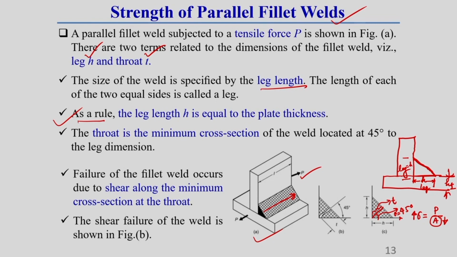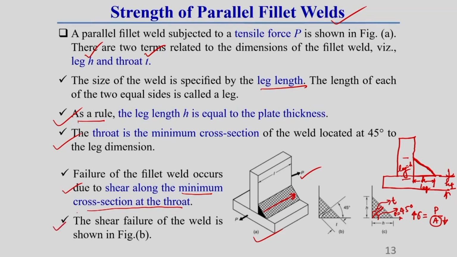That is why I have written that failure of the fillet weld generally occurs due to shear along the minimum cross section at the throat, because in the minimum cross section zone the maximum shear stress will be developed. How this maximum shear stress is developed in the throat thickness direction, I will also show you in detail.